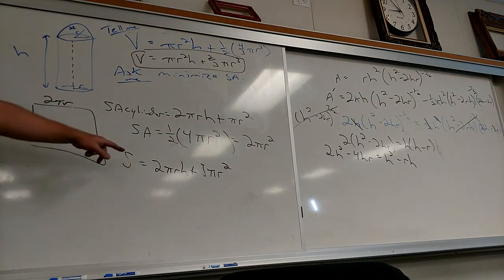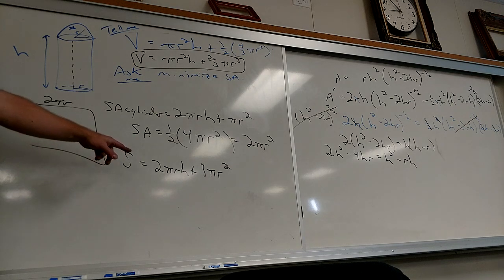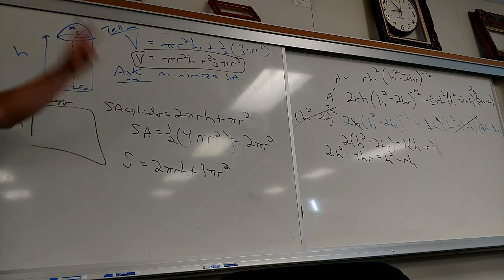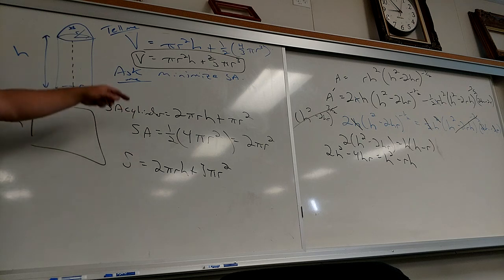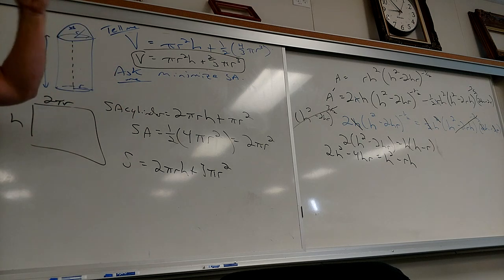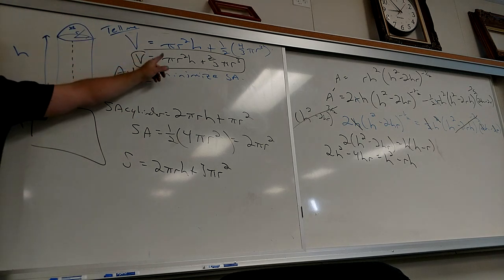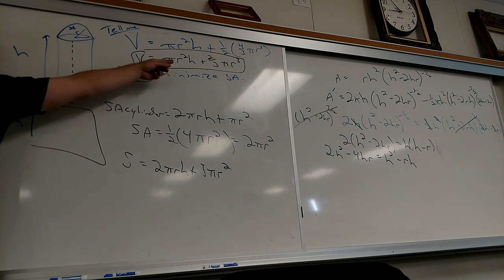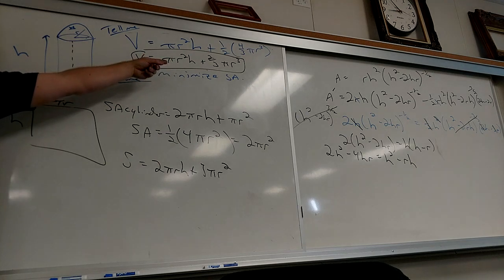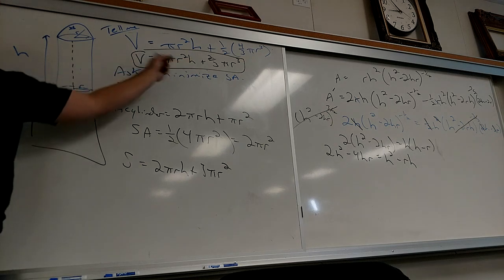How many variables are in there? 2. H and R. That's one too many. So what do I want to do with this? I know it looks more disgusting than we're used to, but I don't care. What do I do with this to help me with this? Solve for, in this case, I'm definitely going to solve for H, right? Solving for R would not be easy.